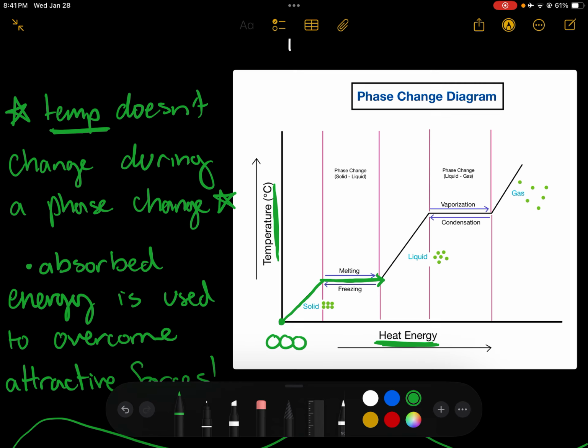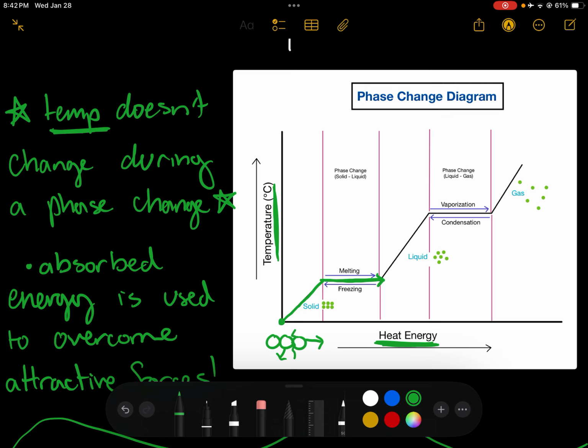And the reason that temperature doesn't change during a phase change is because when we're absorbing energy as molecules during a phase change, that energy is used to overcome the attractive forces between those molecules. Because remember, when we do a phase change like melting, any attractive forces between the molecules break, and these molecules start to move away from one another a little bit. So again, that energy that's being absorbed is being used rather than causing an increase in temperature.